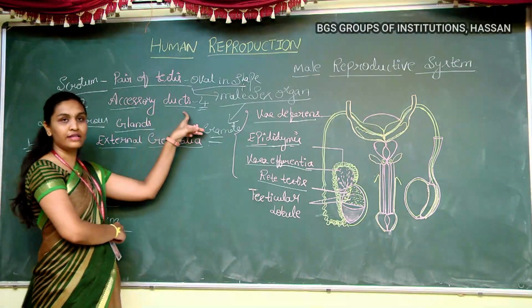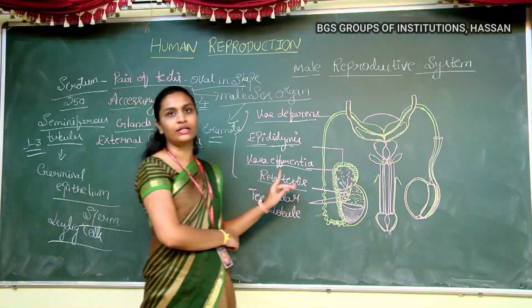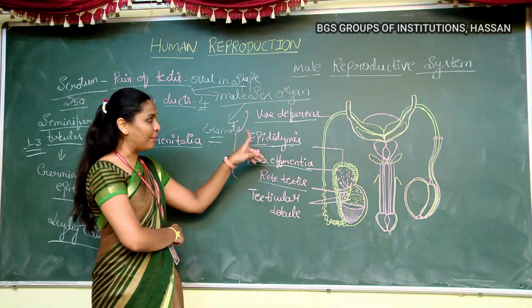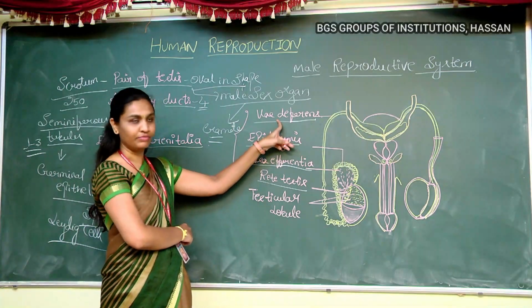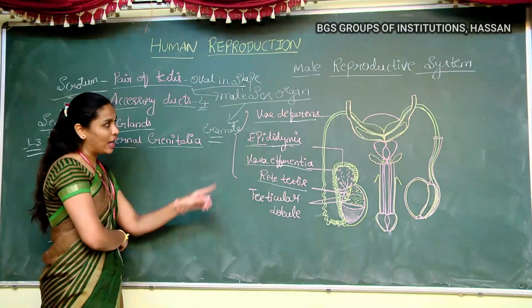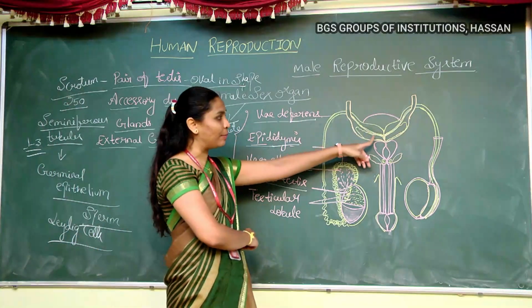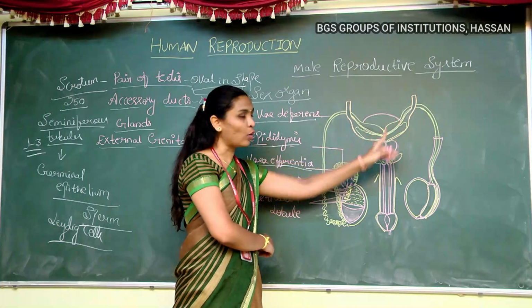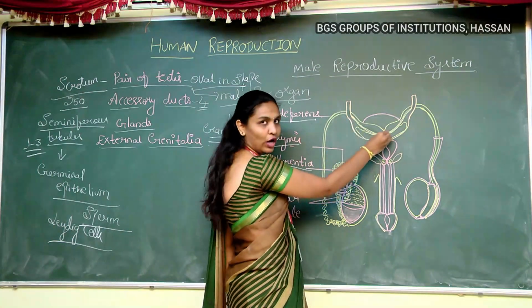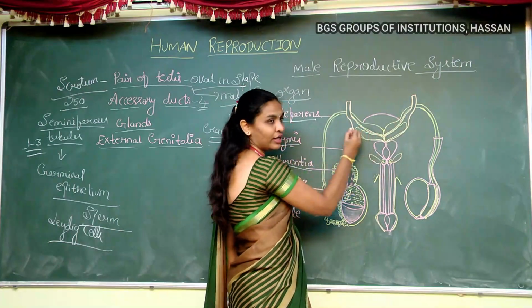There are 4 accessory ducts in the human male reproductive system, that is rete testis, vasa efferentia, epididymis and vas deferens. This vas deferens ascends into abdomen and loops over urinary bladder.